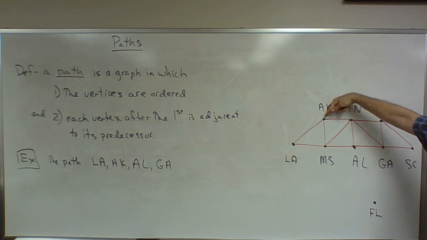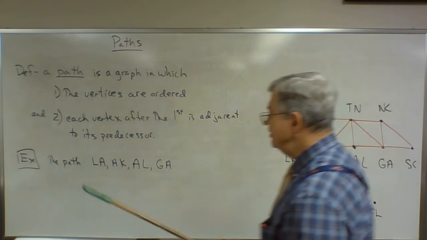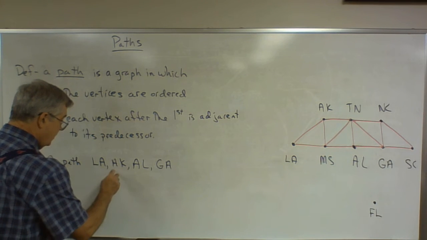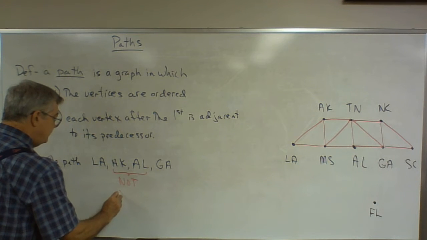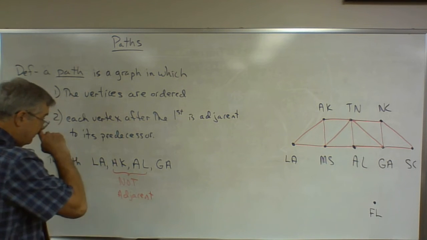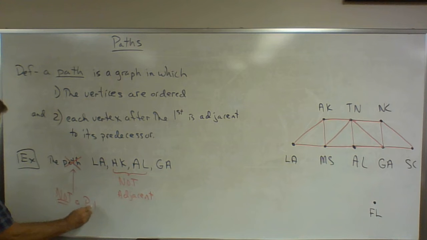Here's Arkansas. Here's Alabama. Do they have an edge in common? They don't. So you know what we do? We say that these are not adjacent. And we say not a path.